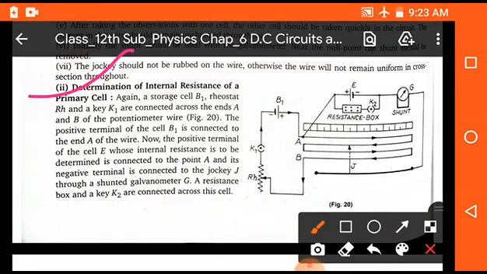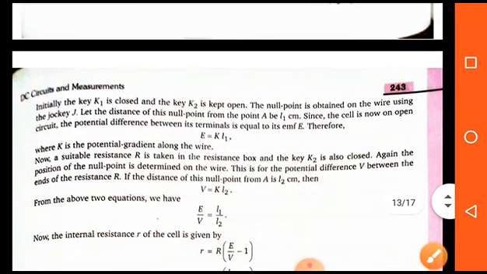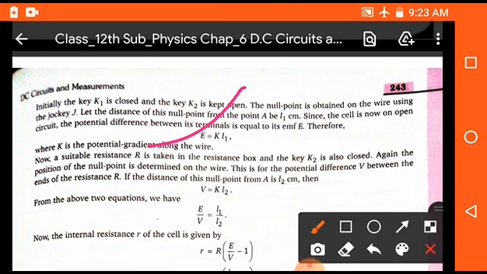Now students, determination of the internal resistance of a primary cell. We can also determine the value of small r of any primary cell which is connected to the potentiometer. With the help of this diagram, we can see how the cell is connected to the potentiometer, and by the formula, E is equal to K times L1 and V is equal to K times L2, where E is the EMF and V is the potential difference.